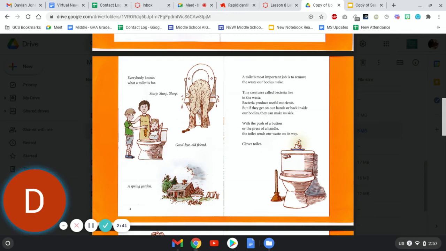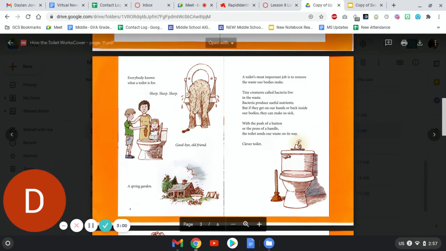Now I want you to take a second and see if you see any words, phrases, or even pictures that repeat. So in terms of pictures that repeat, I see a picture of a toilet that's on there 4 different times.